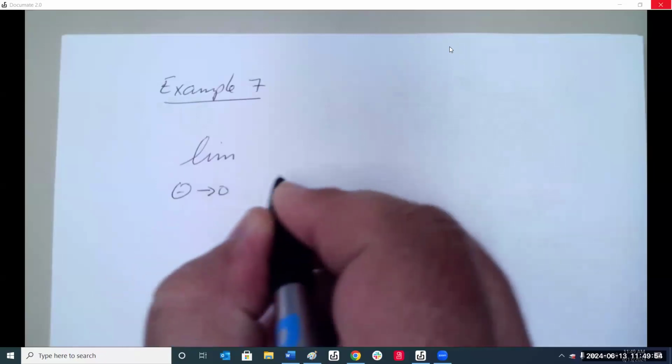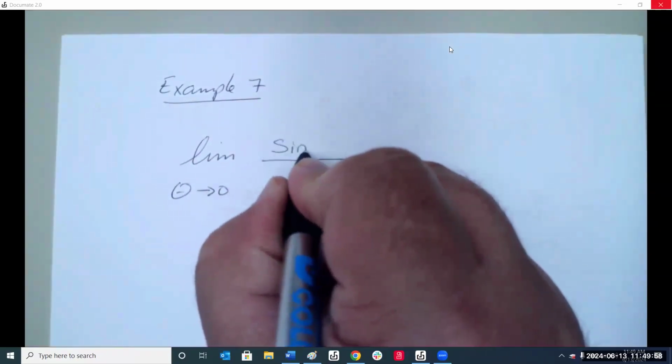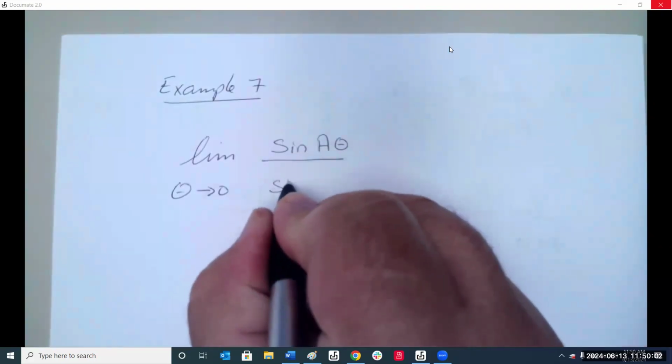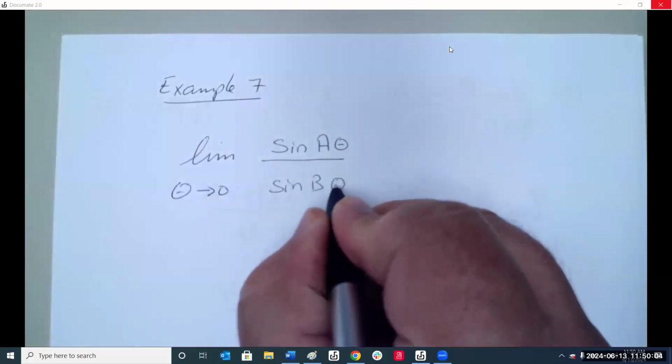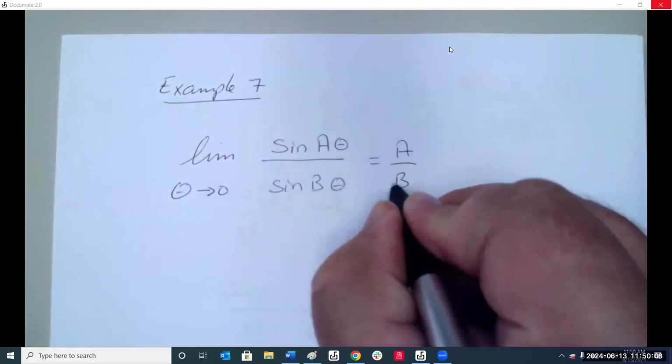And the last one. Example 7. Show that for non-zero constants a and b, the limit as theta goes to 0 of sine a theta over sine b theta equals a over b.